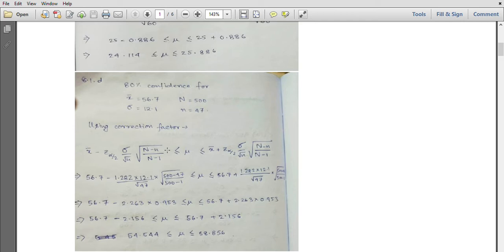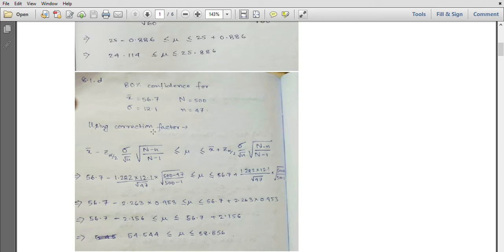Sometimes we don't have the capital N, or the population size, available to us. In such cases, we will go with the regular formula. But in case we have the capital N value available, we can indeed use this.